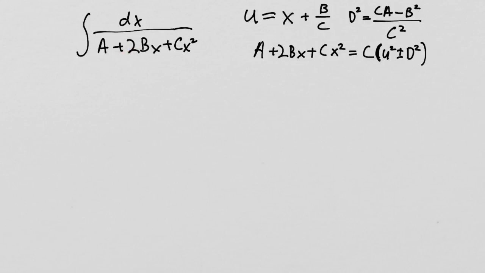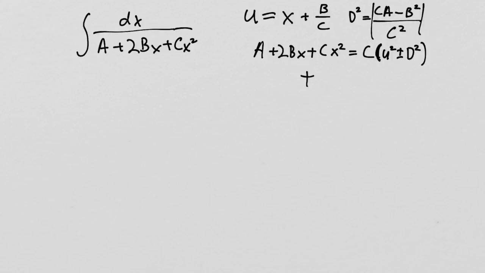But if that 2 wasn't there, it would show up here. It would show up over here somewhere. The plus or minus is totally dependent on the sign of this thing. We're going to say d squared equals this guy here. Let's see, does that make sense? Hold on. Actually, I think the way we want to say this is d squared is equal to basically the absolute value of this.